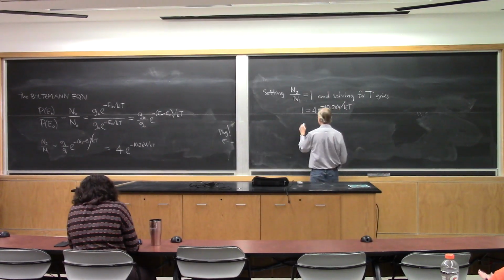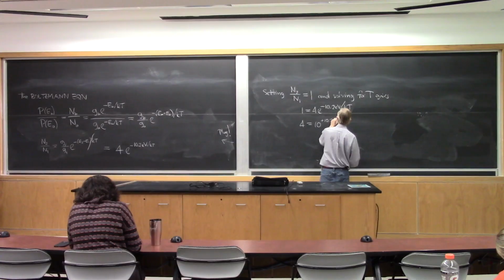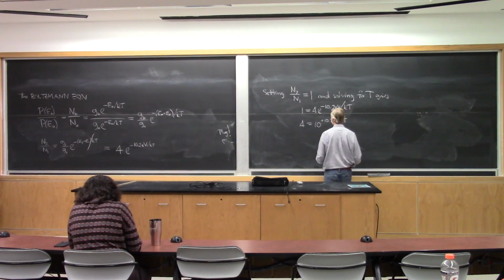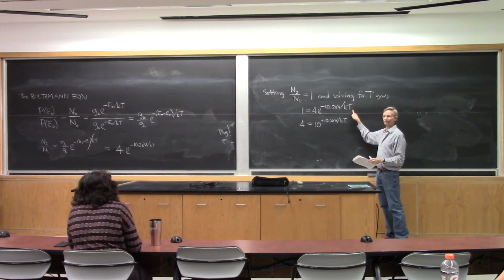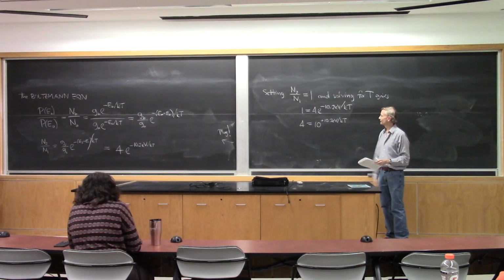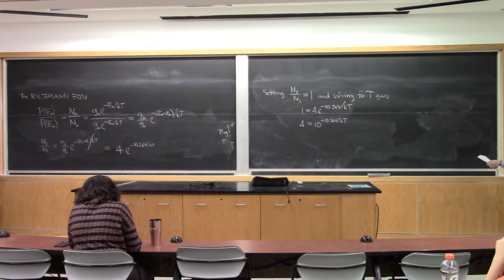Turn that around. 4 is equal to e to the plus 10.2 eV over KT. Put another way, just multiply both sides by e to the plus 10.2 eV over KT. And so that gives you 4 is equal to e to the power 10.2 eV over KT.